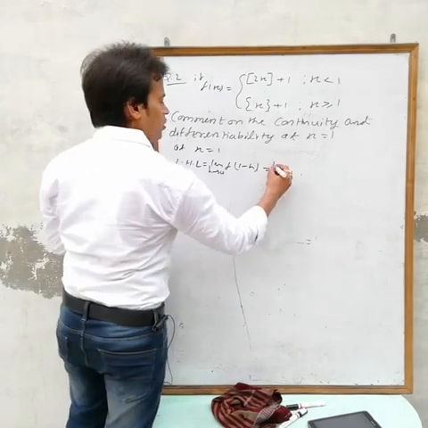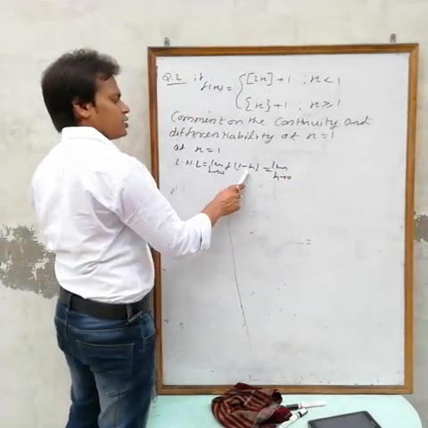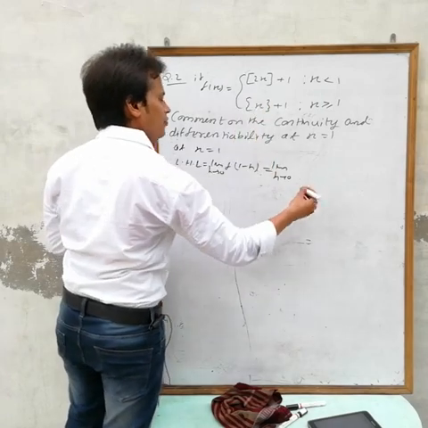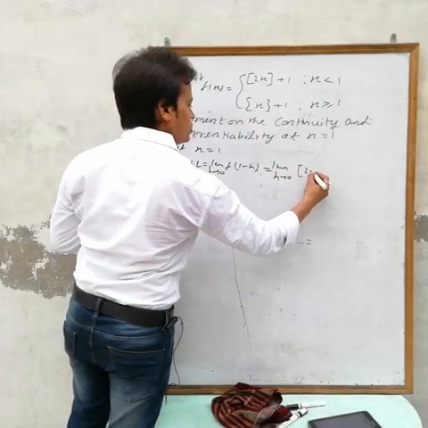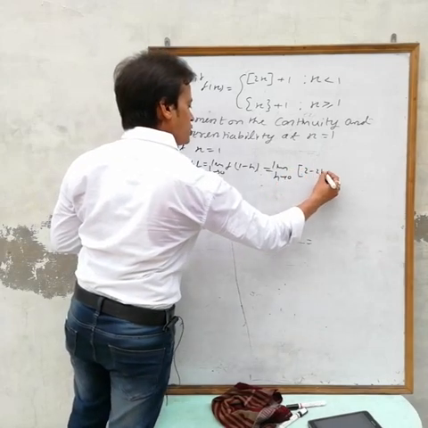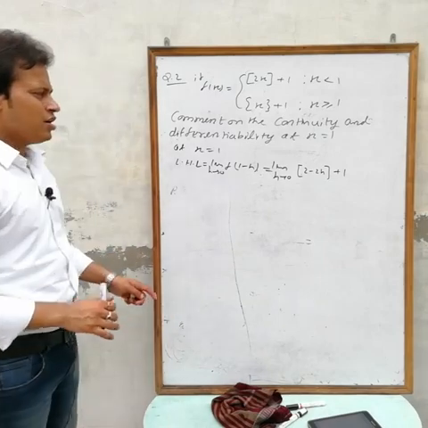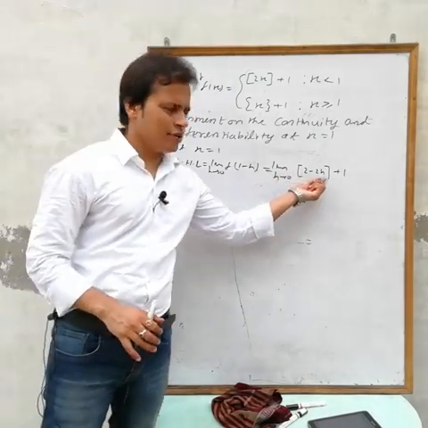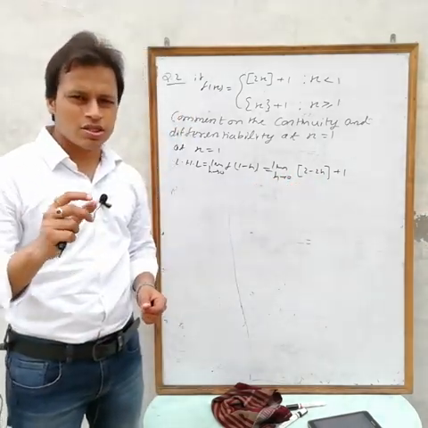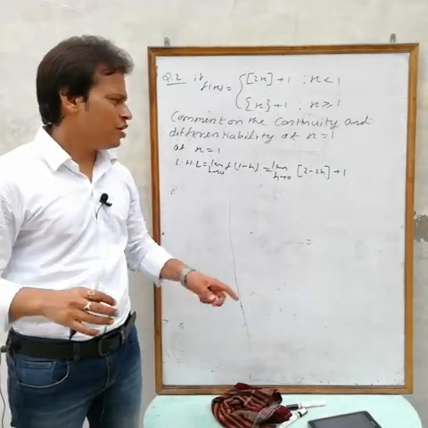Here x is less than 1, so we take the value from this one: greatest integer of 2x, where x is 1 minus h, multiplied by 2 gives 2 minus 2h, and plus 1.